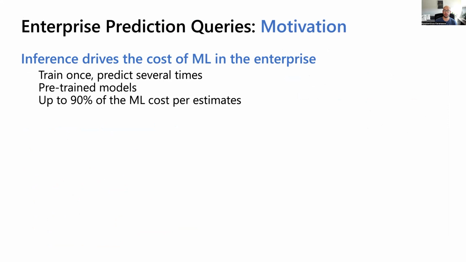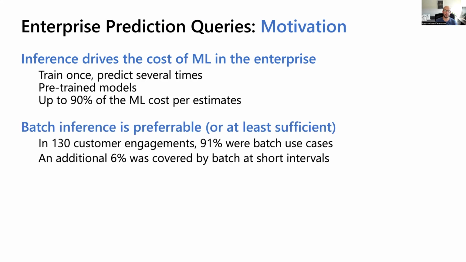And actually the industry is going towards even pre-trained models that are hosted in the cloud and can be used by anyone. So as per various estimates, more than 80% of the cost in the enterprise and in various companies goes towards machine learning inference, and even up to 90% of the cost is dedicated to that.